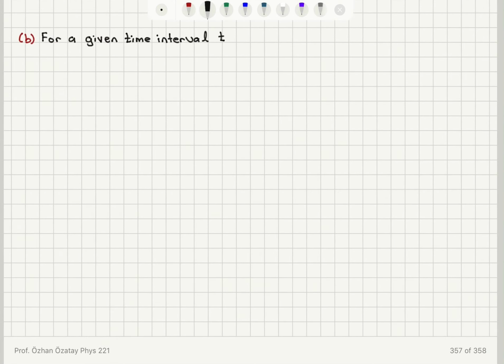This is telling me that there will be a total of capital N, which is t divided by tau jumps. So that's one thing to note here. So the number of jumps is t over tau.